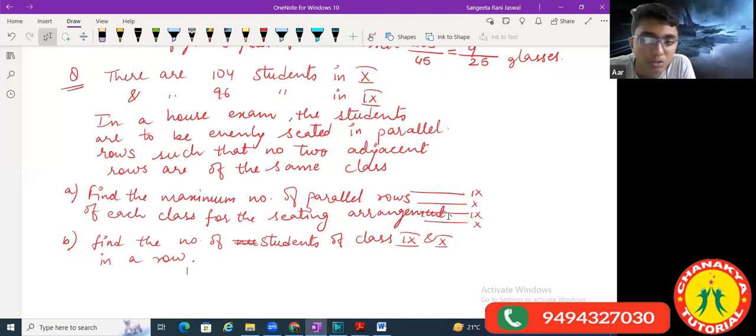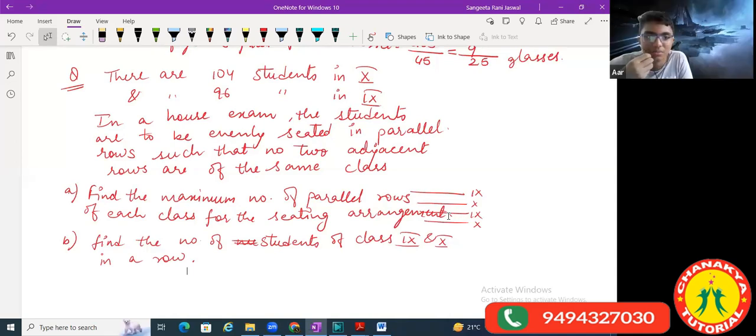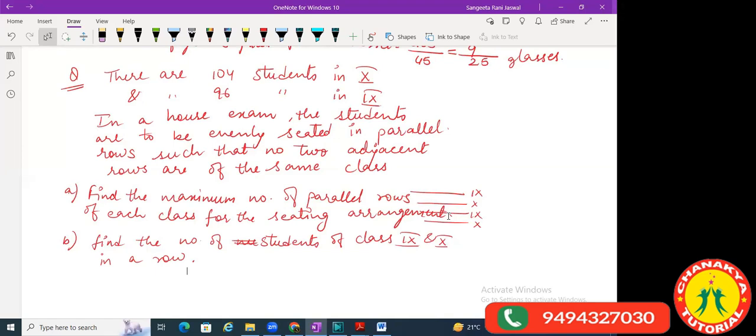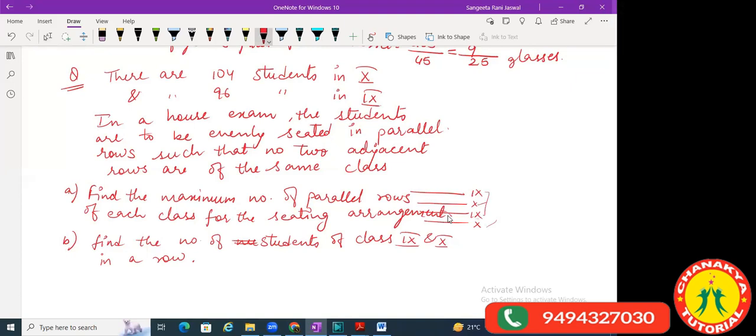Ma'am, what would you mean by adjacent here? Adjacent means one after the other, such that no two adjacent rows. No two adjacent means no two class 10 rows are together. No two class 9 rows are together.